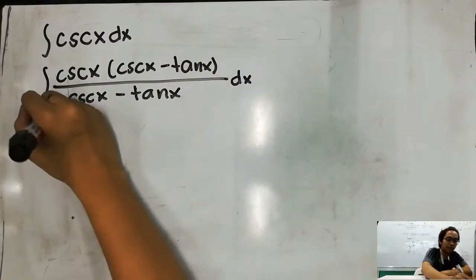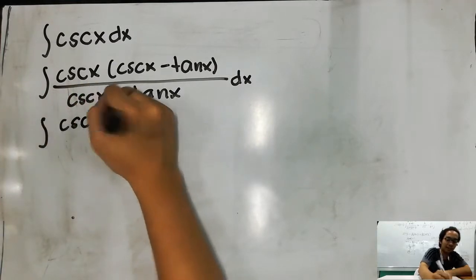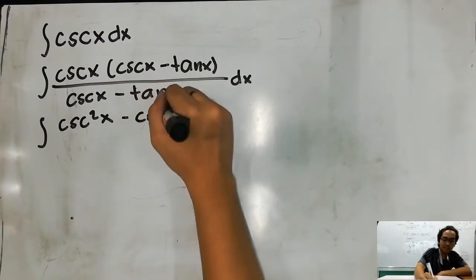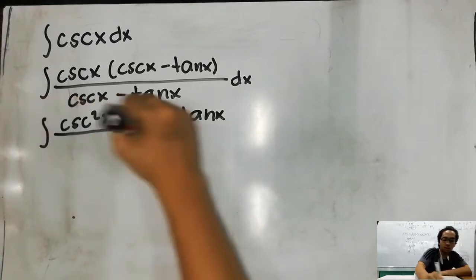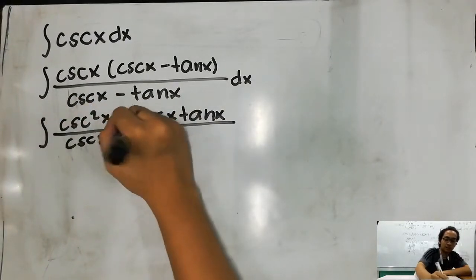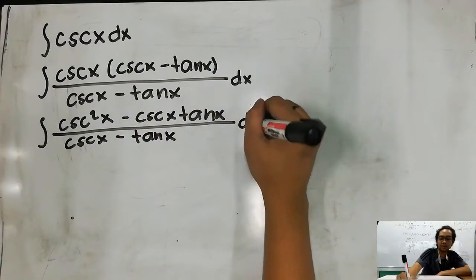The result will be equal to cosecant squared x minus cosecant x tangent x over cosecant x minus tangent x dx.